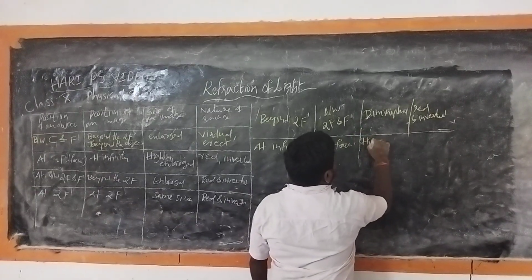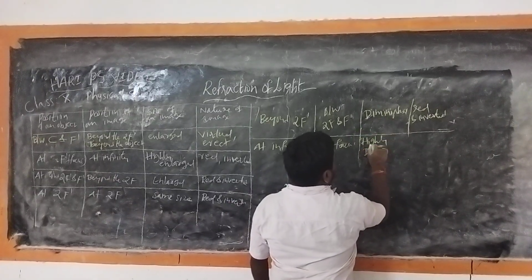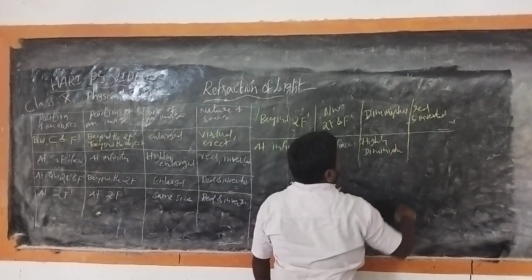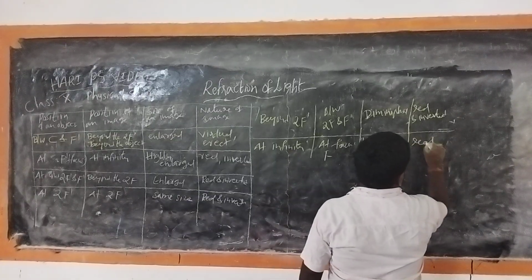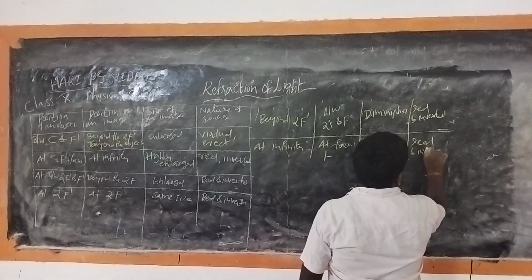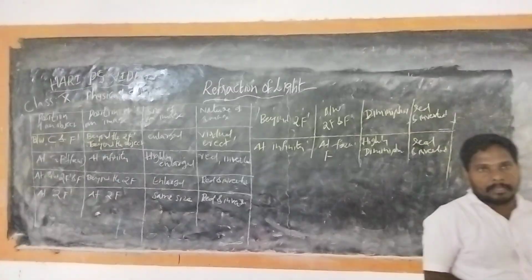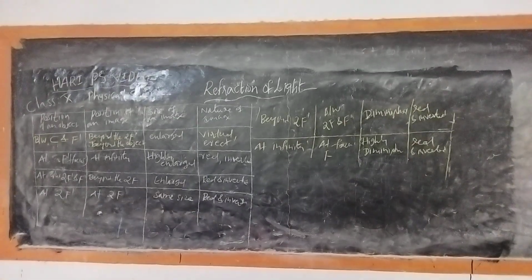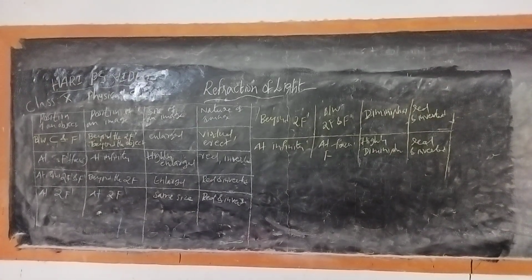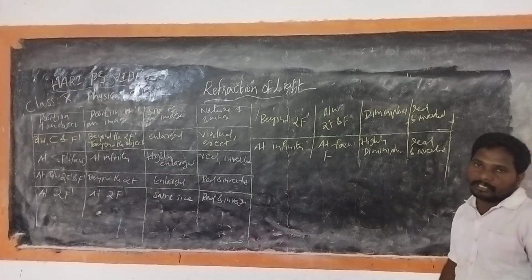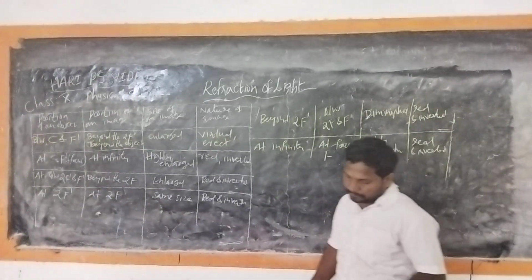A highly diminished image, real and inverted image is formed. So this is the tabular form regarding the object distance, the image distance, size of the image, and nature of the image.